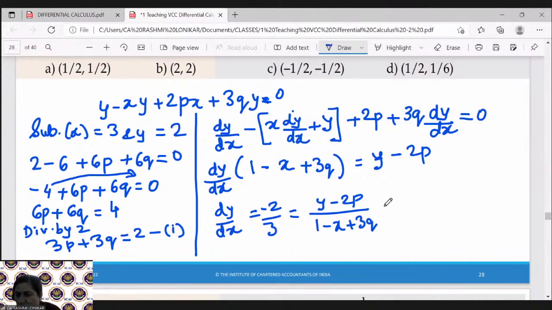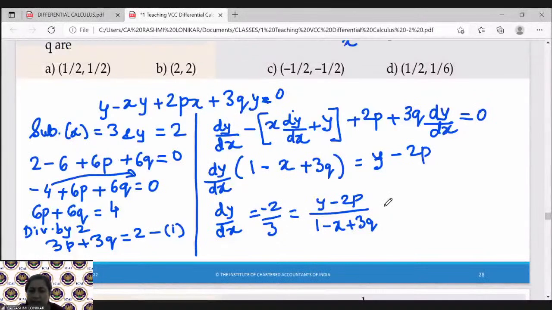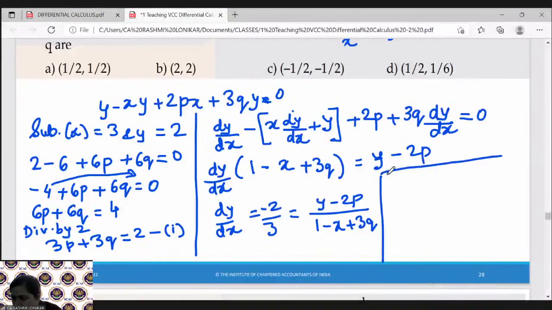And what are the points? What is x? x is equal to 3 and y is equal to 2. So I have minus 2 by 3 is equal to 2 minus 2p upon 1 minus 3 plus 3q.